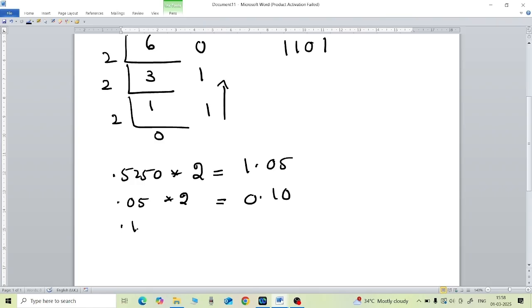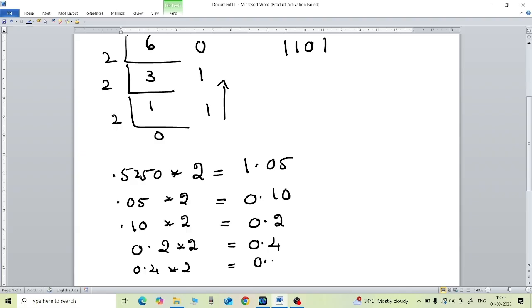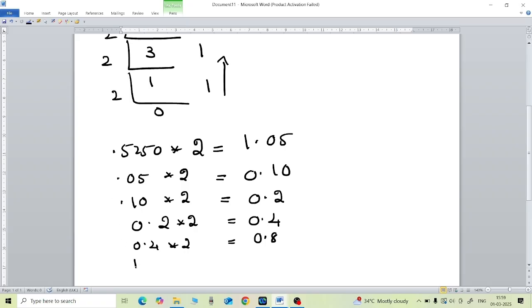Then 0.10 into 2 will give us 0.2. 0.2 into 2 will give us 0.4. 0.4 into 2 will give us 0.8. 0.8 into 2 will give us 1.6.